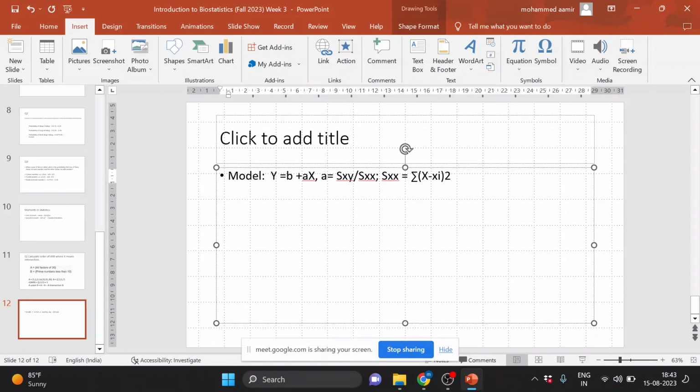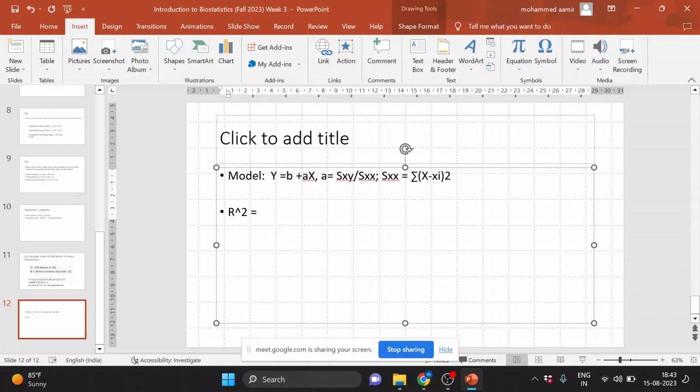Okay. So your r square, the correlation coefficient squared. Suppose your rho is r, okay? R squared. Watch this carefully.